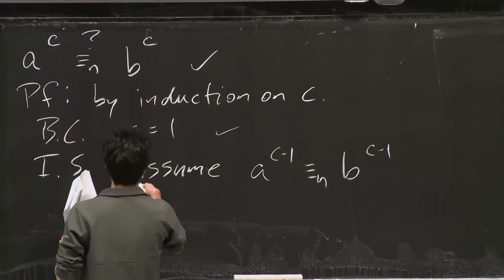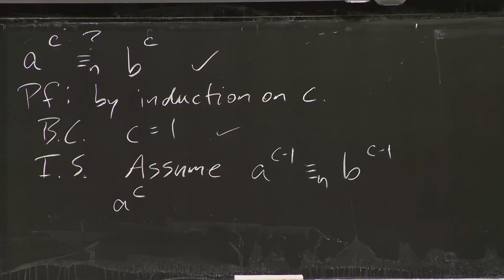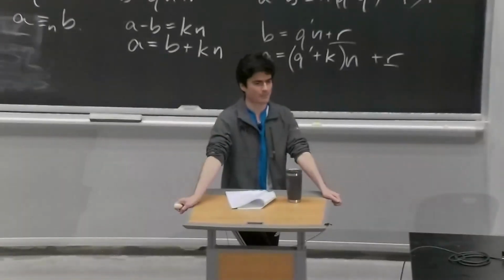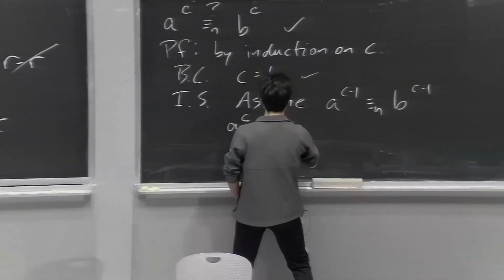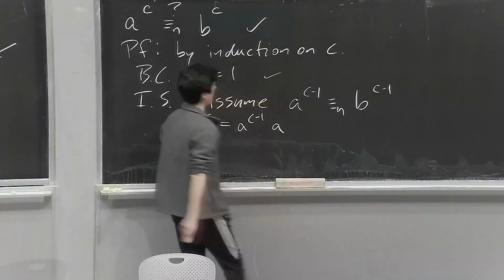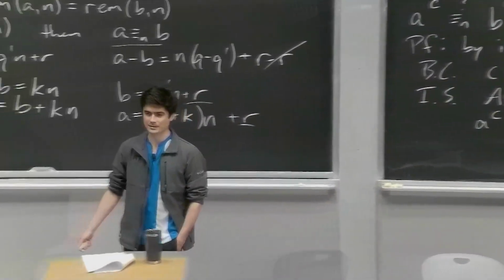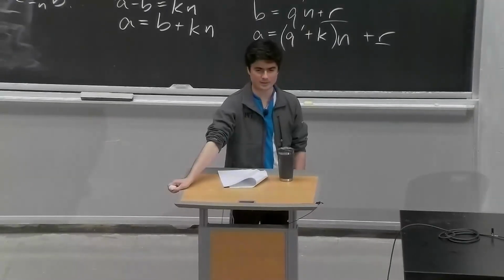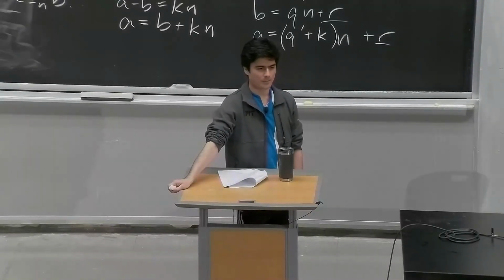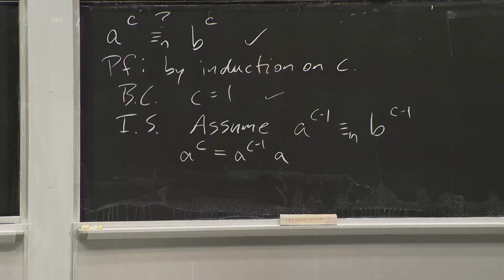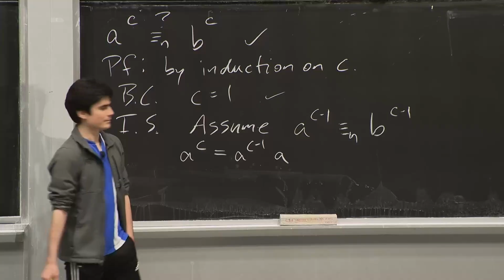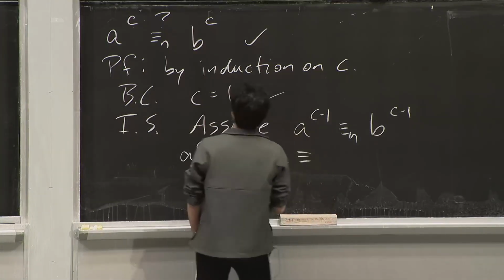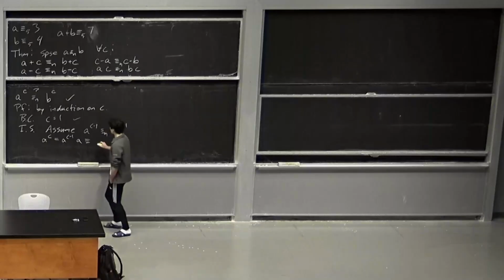Well, what is a to the c? Okay, so we can strip off a factor of a. Now we can replace each of these factors individually. So by our theorem up there, this is congruent to b to the c minus 1 times a.